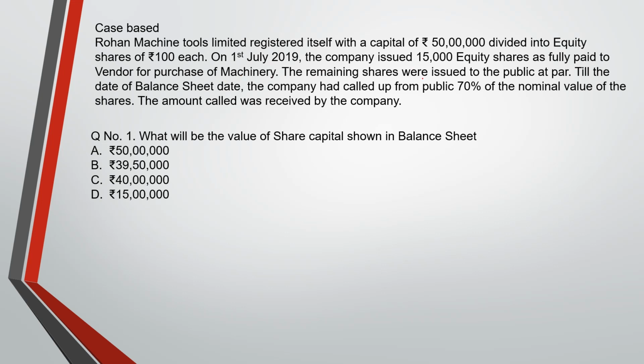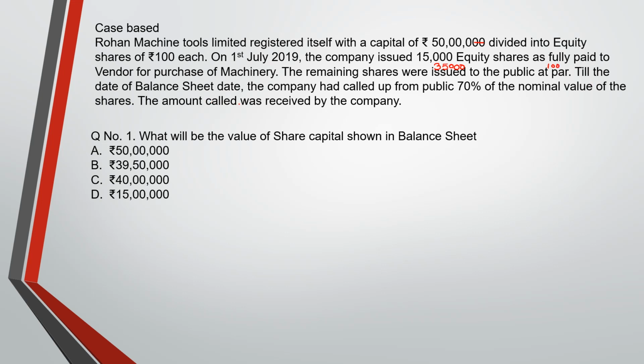The remaining shares were issued to the public at par. What is the total number of shares? 50,000, because each share value is 100. Therefore, 50,000 shares of rupees 100 each was the authorized capital. Out of that, 15,000 has been issued to the vendors of machinery. So the rest is 35,000. So 35,000 shares have been issued to the public at par at rupees 100.